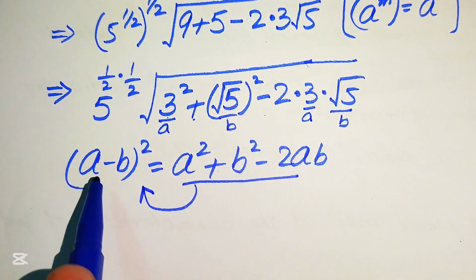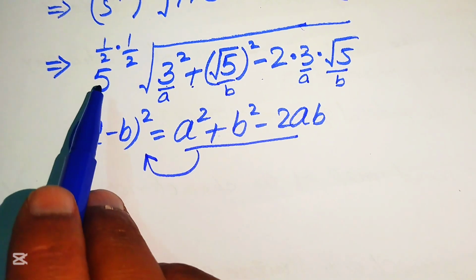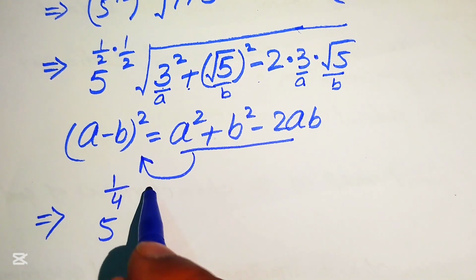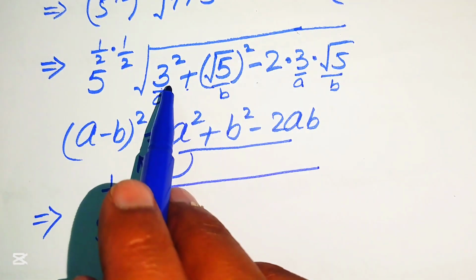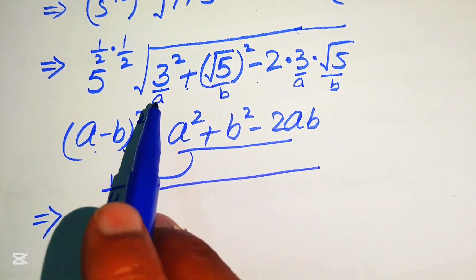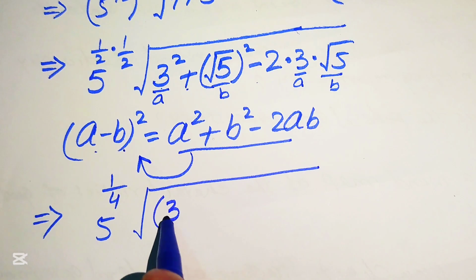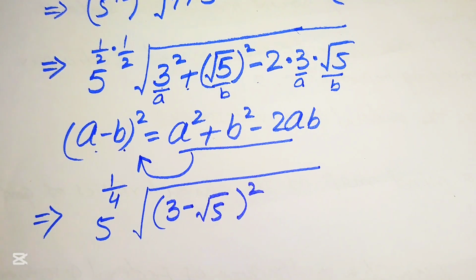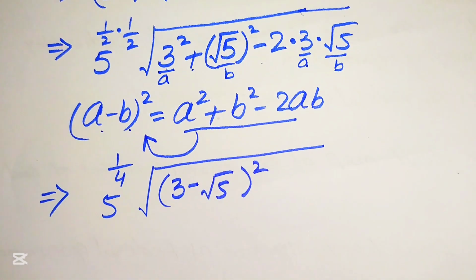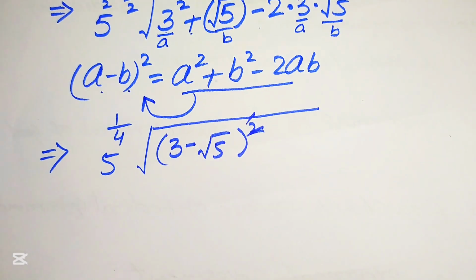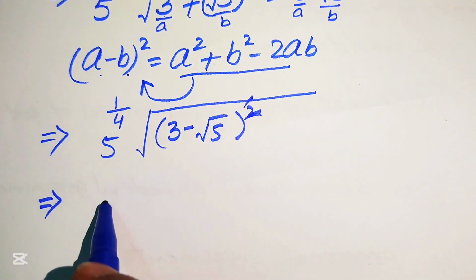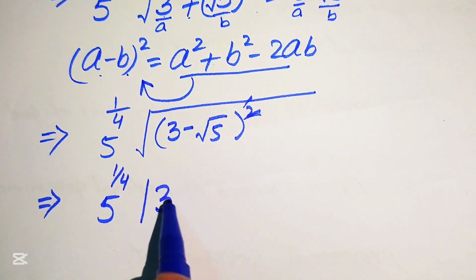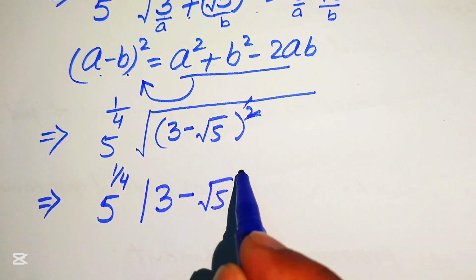We write 5 to the power of 1 over 2 multiplied by 1 over 2 as 5 to the power of 1 over 4, times the square root of a minus b whole squared, where a is 3 and b is the square root of 5. Now the 2 and this square root cancel each other, and we get 5 to the power of 1 over 4 times the modulus of 3 minus the square root of 5.